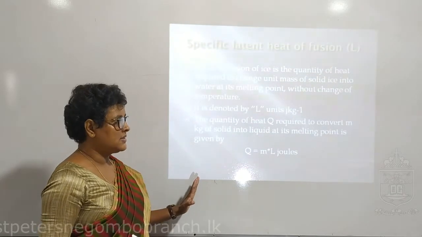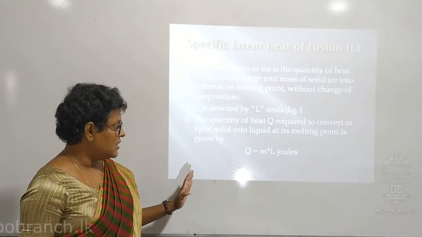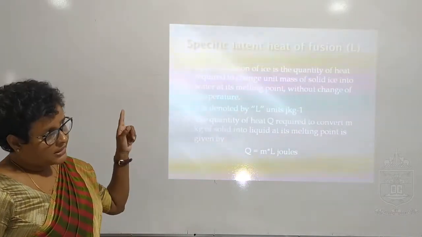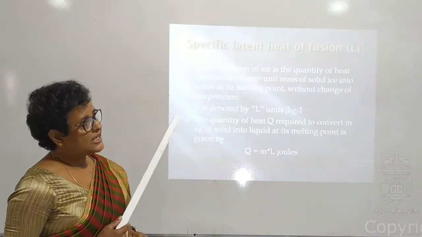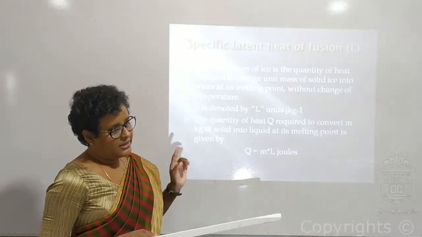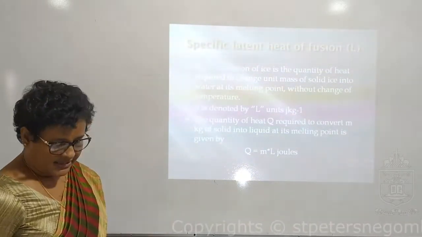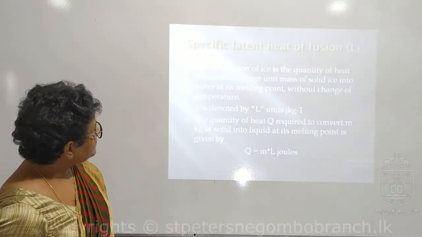If vapor is concerned, steam is concerned, you have to use this mL also. In the earlier examples, I said we'll do this example later. Can you remember? That is with phase change. So go there and do that example using mc theta plus mL.